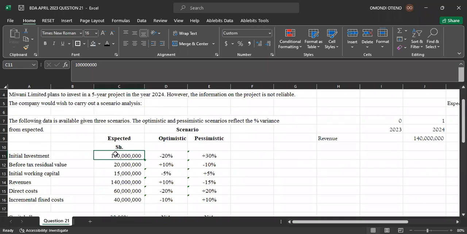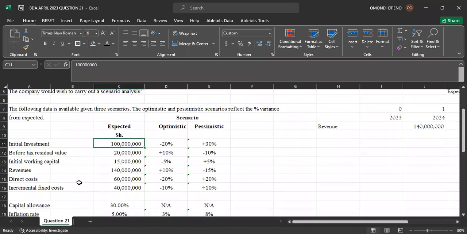But then the initial outlay is now whereby we add all the costs that were incurred to make the asset ready for use, plus working capital. So if you're going to look at the initial outlay, then working capital becomes part of that. But if you're going to look at the cost to be depreciated, the amount that you're going to depreciate, then working capital is not included in that cost.